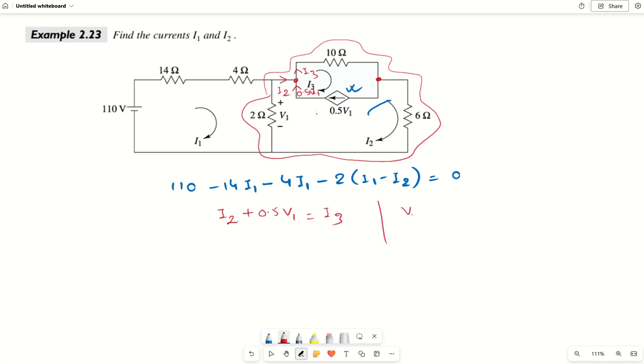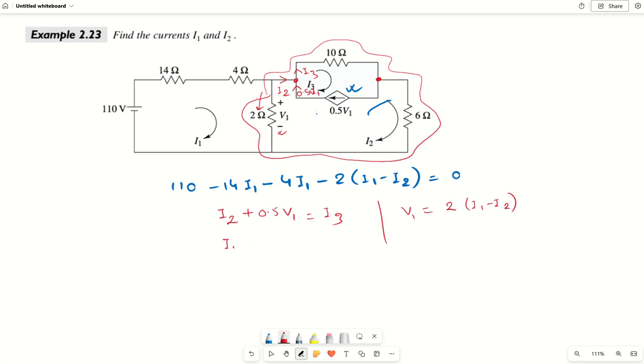V1 is nothing but the voltage drop across this resistor, in this direction, so V1 is 2 times (I1 minus I2).